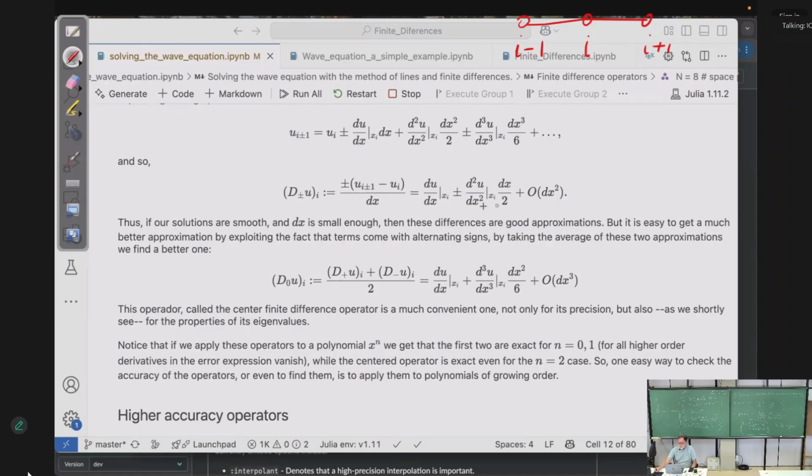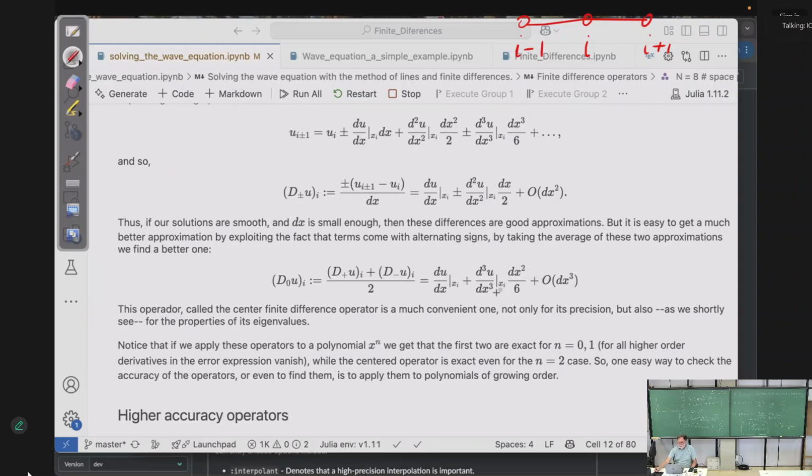So this is the first term, and these are higher terms. But this is important. So we have an error that goes like the second derivative times dx. But notice that if we define the average of these two things, then this part cancels out, and you have that the error now is dx squared. So this is a better approximation.